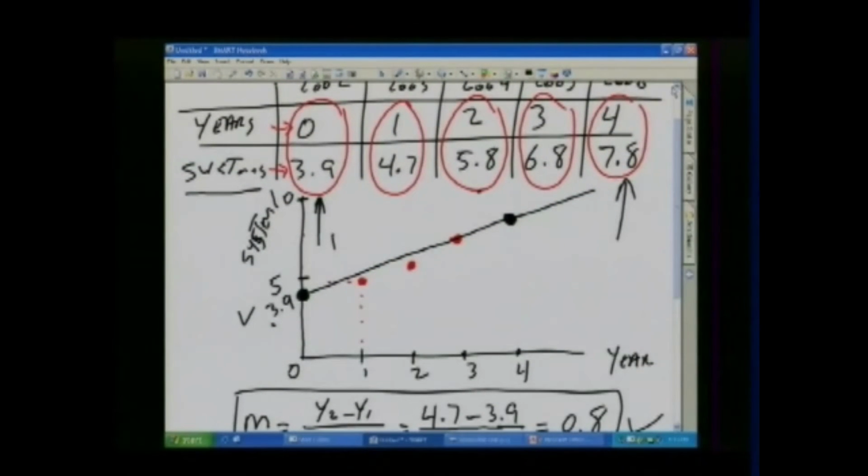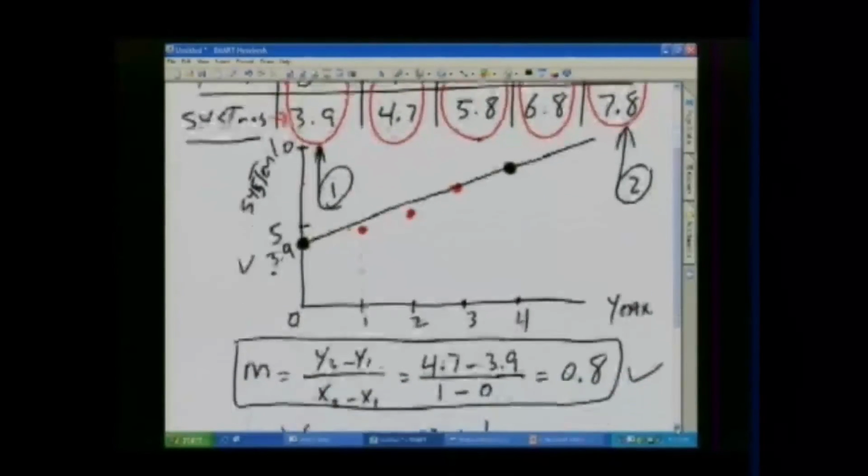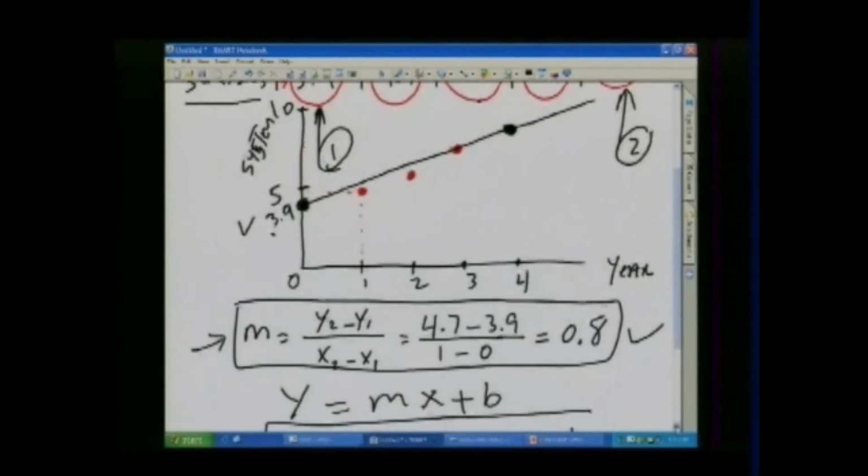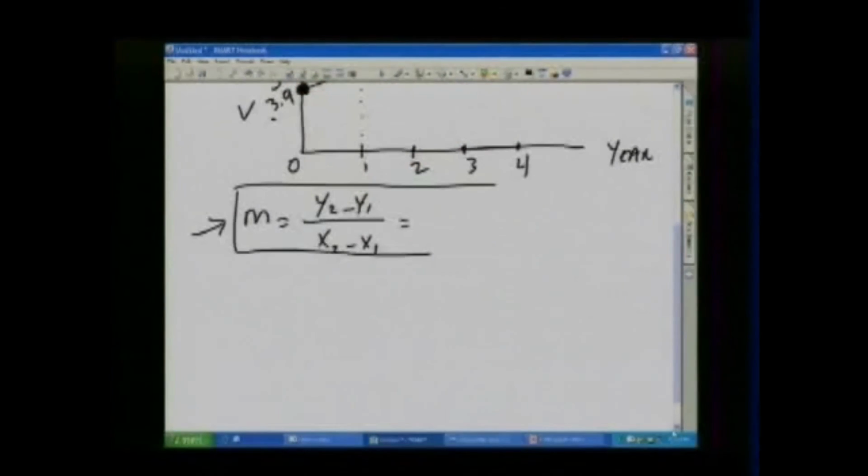So this is number 1, this is number 2. So when I'm calculating the slope, let me redo this and see how much the difference would be. It should not be that big of a difference. You use the first point and the last point.